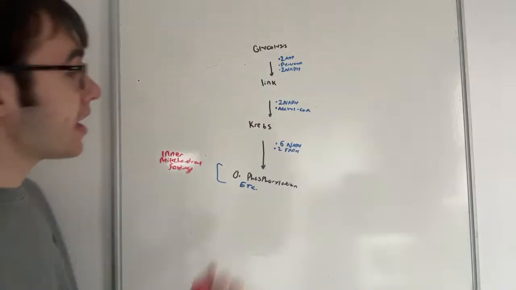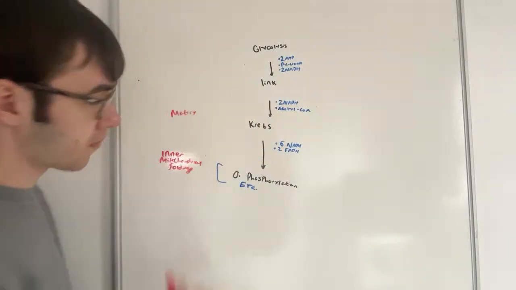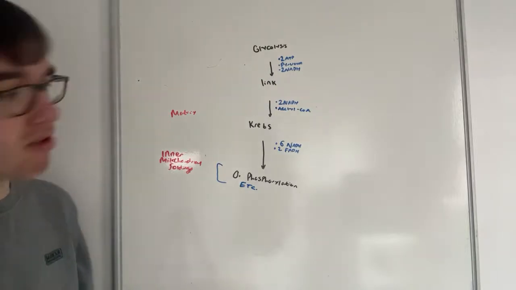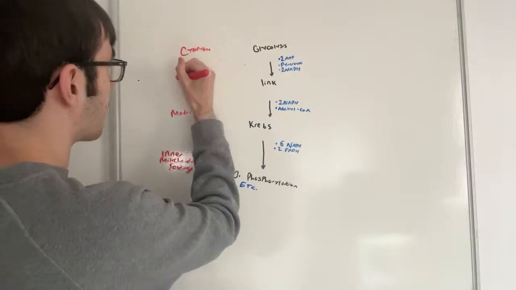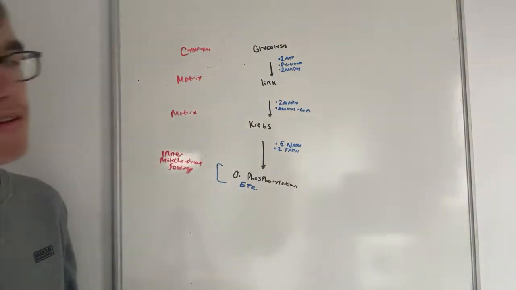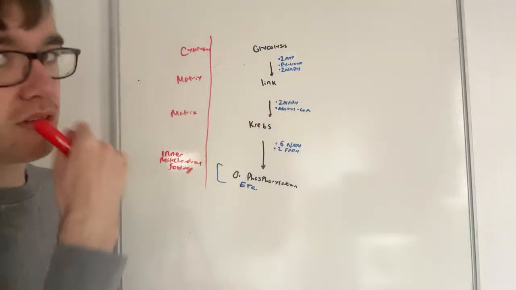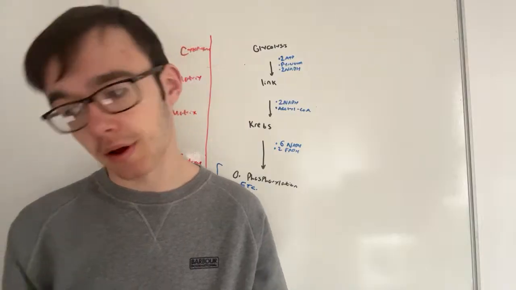Krebs occurs in the matrix. Link occurs in the matrix. And glycolysis is in the cytoplasm. That's because glycolysis can occur anaerobically.